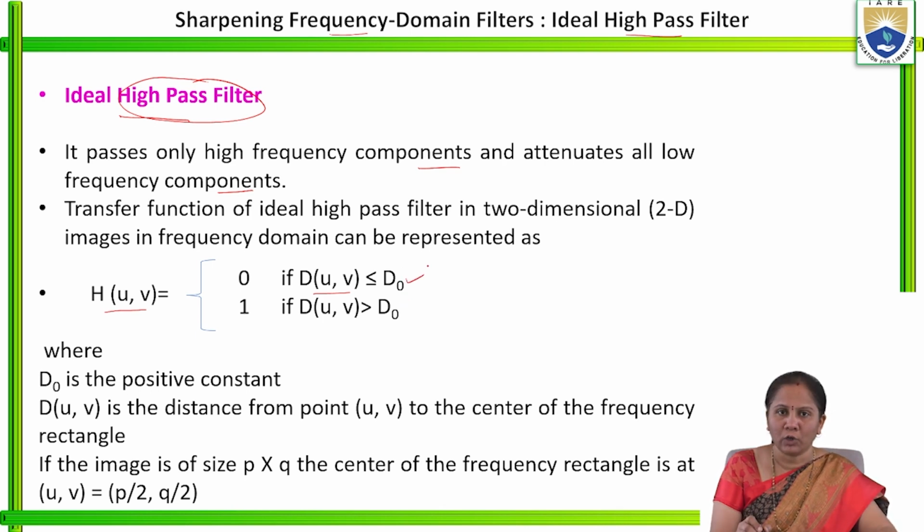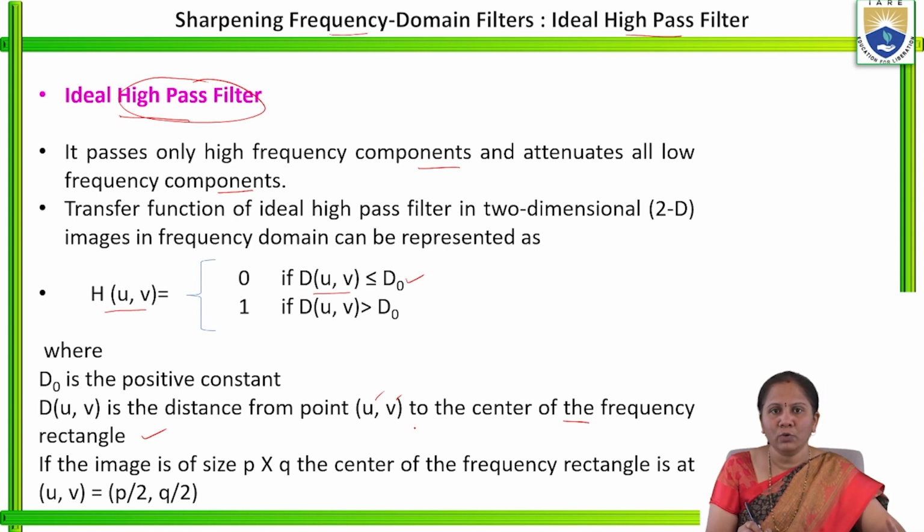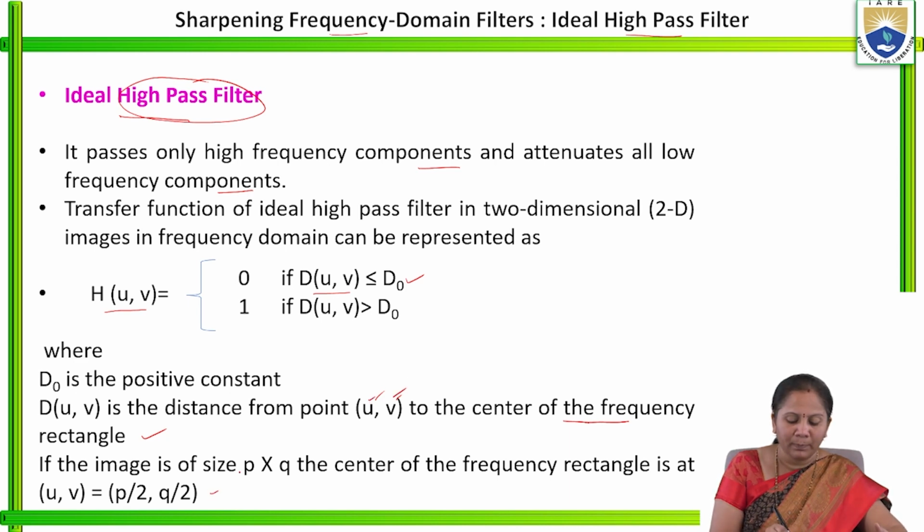D naught is the cutoff frequency, and D of u comma v is the distance from the point u comma v to the center of the frequency rectangle. If we consider the center, then as u ranges from 0 to P minus 1 and v from 0 to Q minus 1, the center frequency values of u and v will be P by 2 and Q by 2.